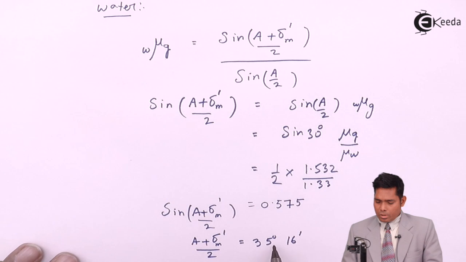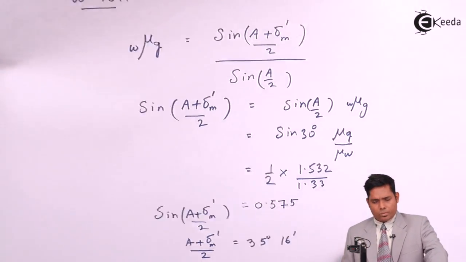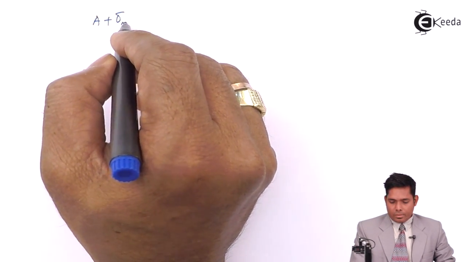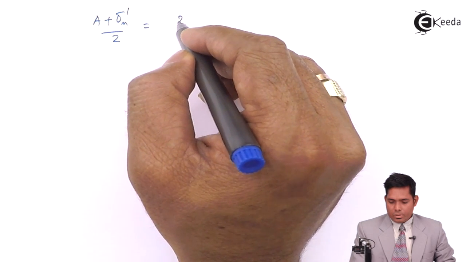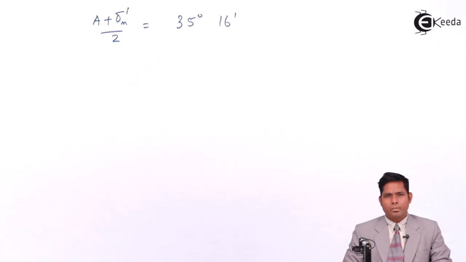So A plus delta m prime by 2 is 35 degree 16 minute.